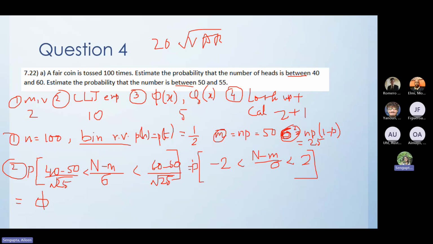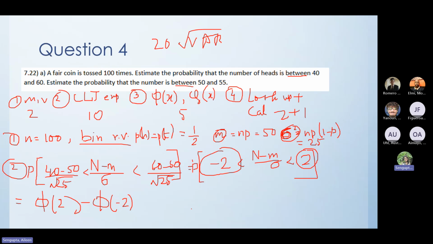So you can write phi of 2 minus phi of minus 2. And again, this is all a part of your formula. If you are confused with that, I can go over them again. Come to me in my open office hours whenever you want. So this is your first minus your second, all right? Whatever the values are inside the brackets, okay?